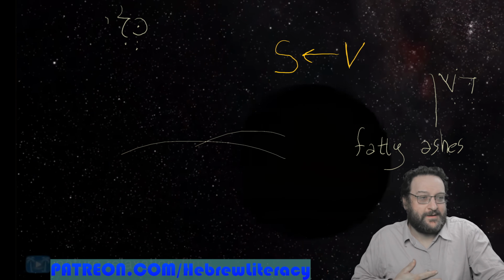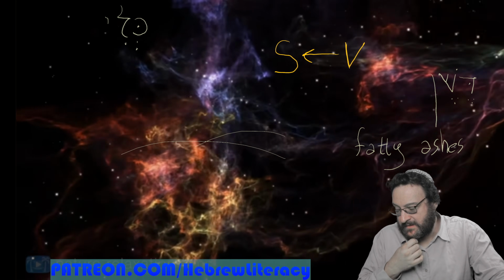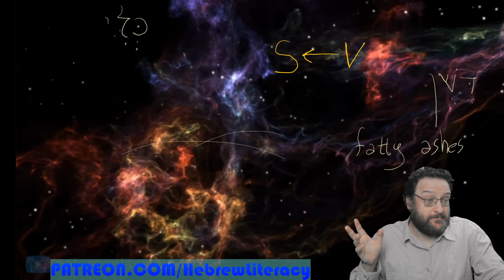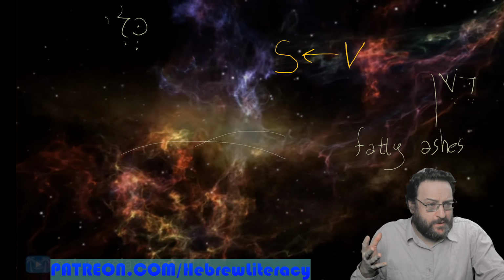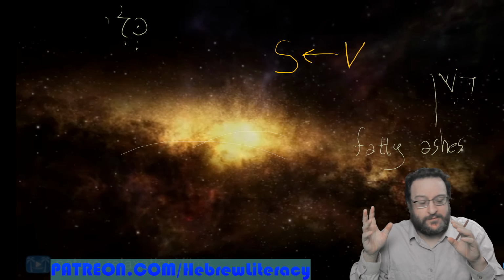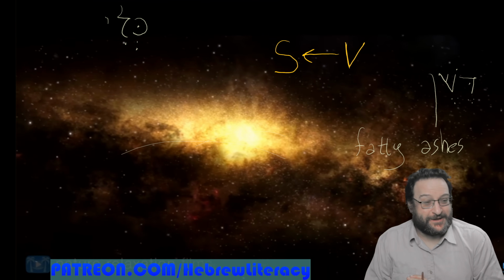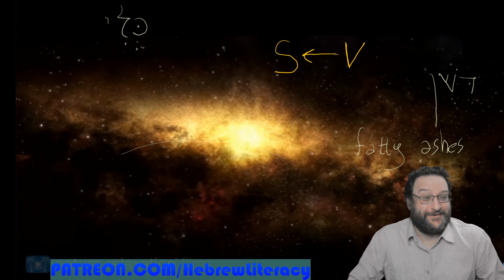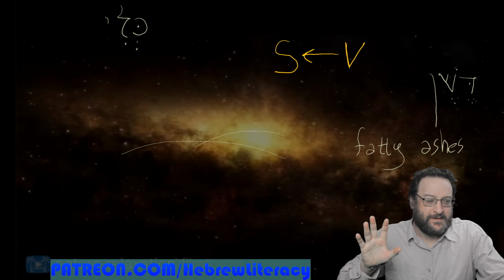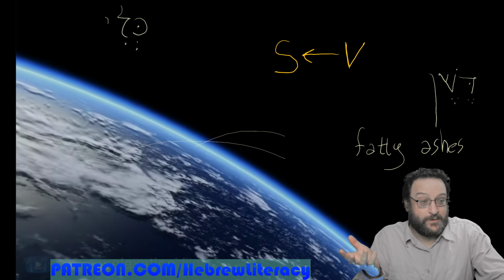You have keli nashim, like something used by women, right? So it might mean like a beauty product. If we use this in modern usage, then it could mean like even a taser or something, mace. So it's very, very flexible. It can mean a vessel, right? The vessels that are used for storing liquids and such.